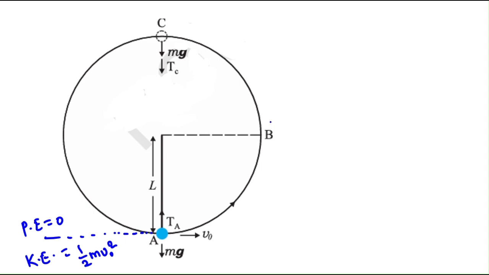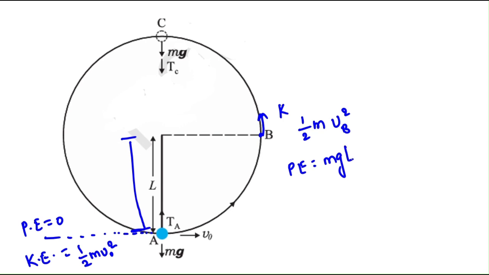In the same way, at B it has kinetic energy of 1 by 2 m Vb square, and potential energy will be mg and this height, L. We have seen in a conservative force field that the path of the body does not matter for its potential energy rise.